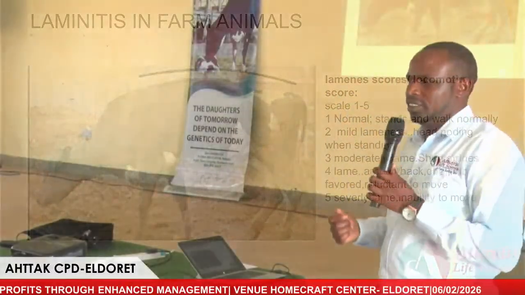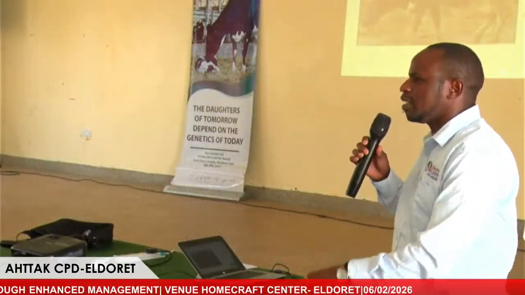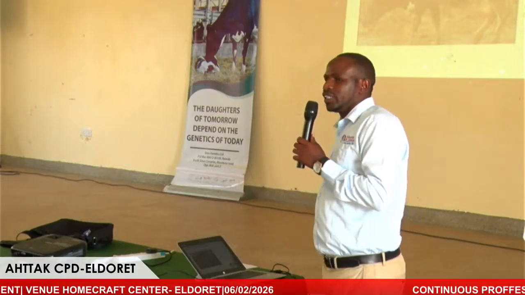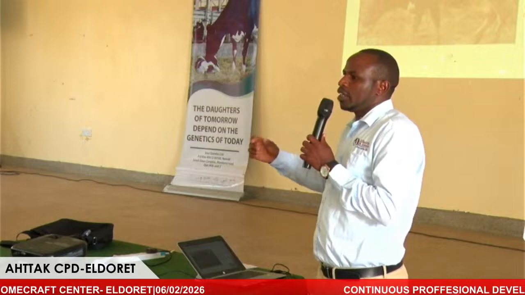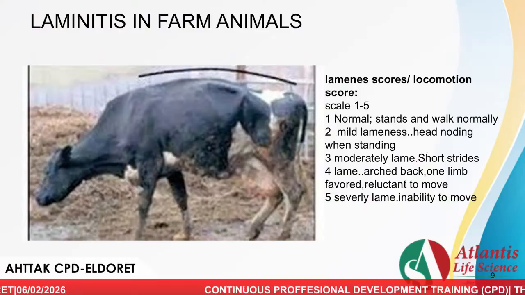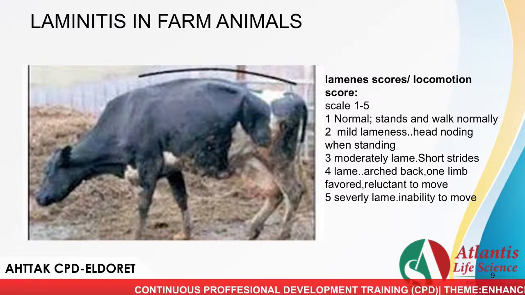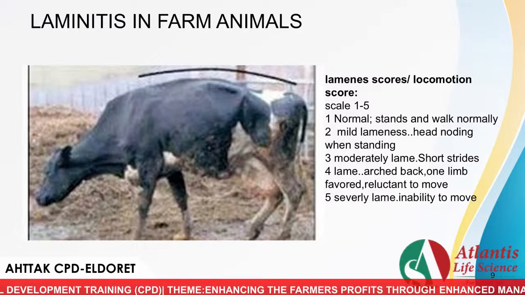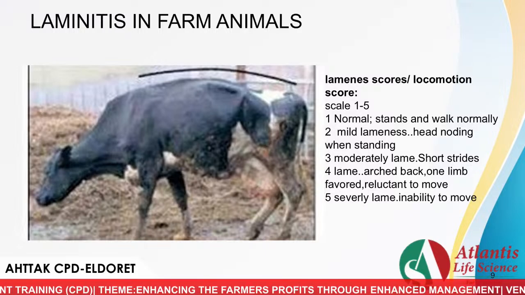It doesn't want to put much weight on the affected hoof, so the cow makes short strides as it walks. In scale number 3, the back is also aching when the animal is moving. So there is an arched back.